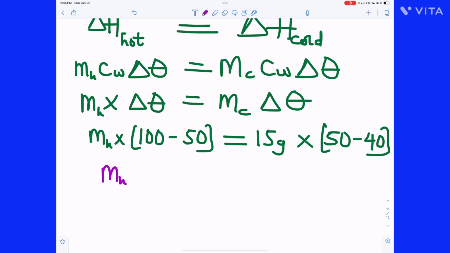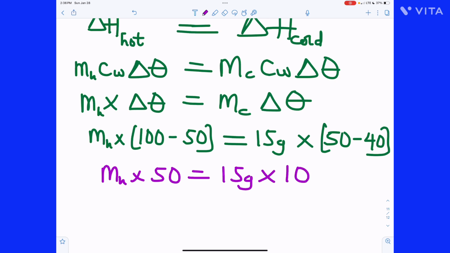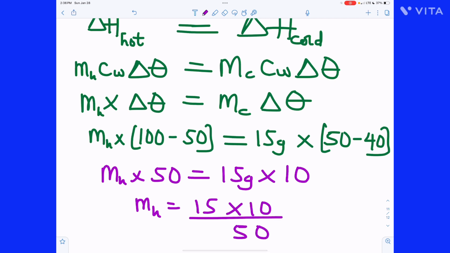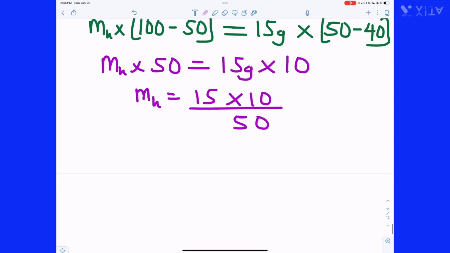So what does that give you? Mass of hot water times 50 is 15 grams times 10. I hope that's clear. So you can do mass of hot water is 15 times 10 over 50 to get the initial mass of hot water.